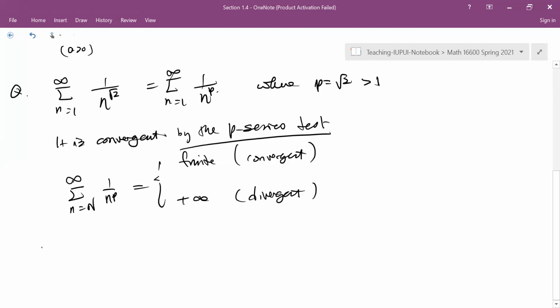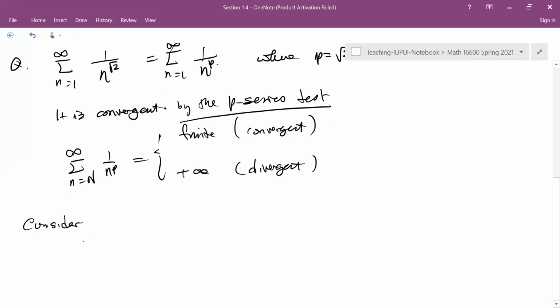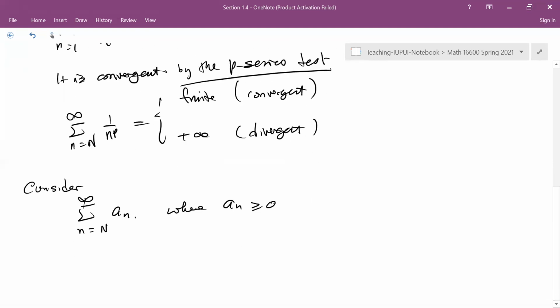Now let's consider another series, starting from capital N, where each a_n is always positive, or non-zero.